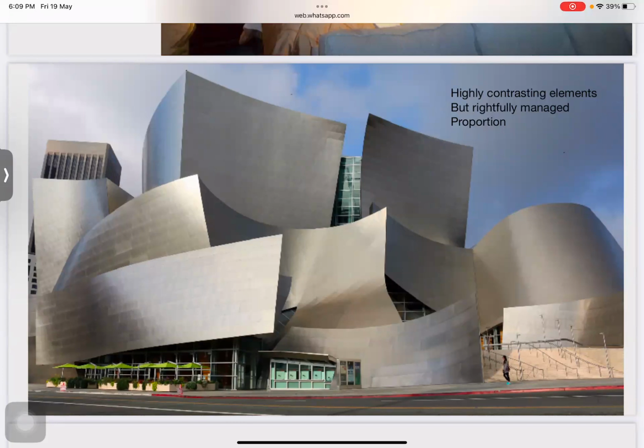Where is it located? Australia. Okay, fine. California. Los Angeles, California. Absolutely. Built by whom? Name of the architect, quickly.